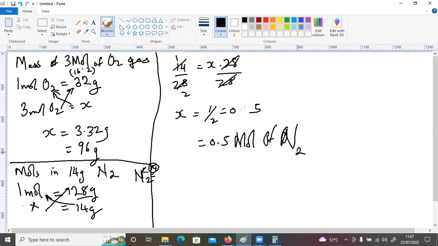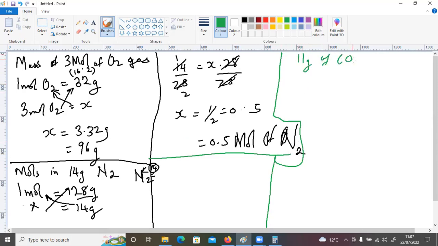Calculate the moles in 11 grams of carbon dioxide gas. We have 11 grams of CO2. How many moles?